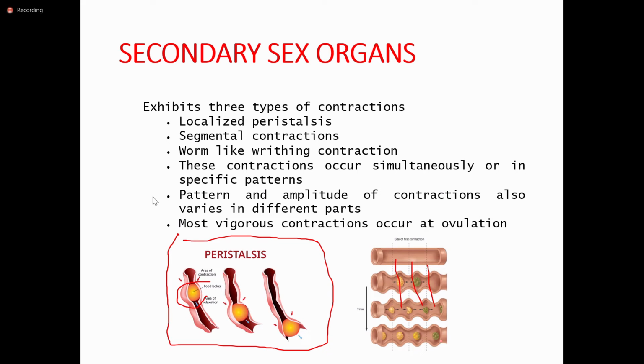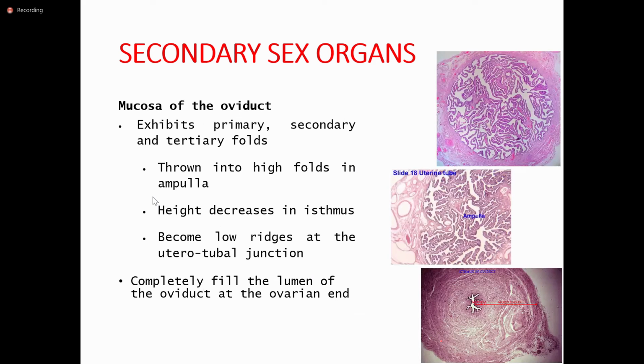So this is in conjunction with the function of the kinocilia. And in terms of the mucosa, it is composed of different folds. We have the primary folds, the secondary folds, and tertiary folds. So, ito ang lumen.